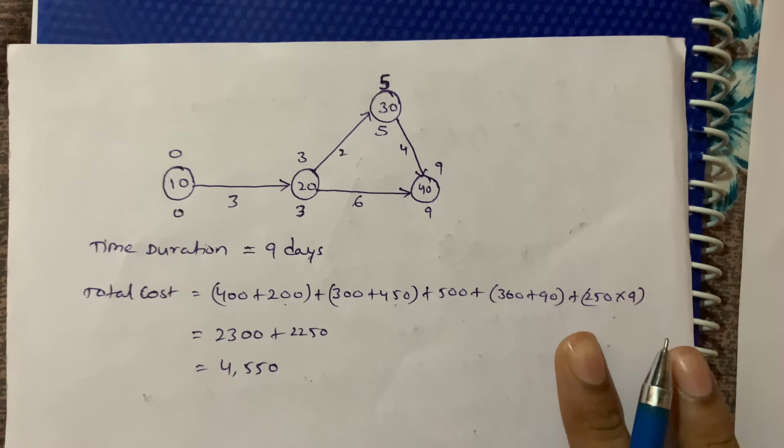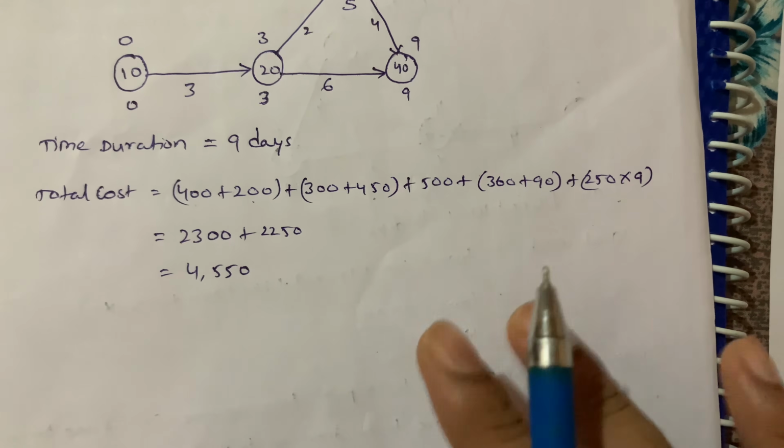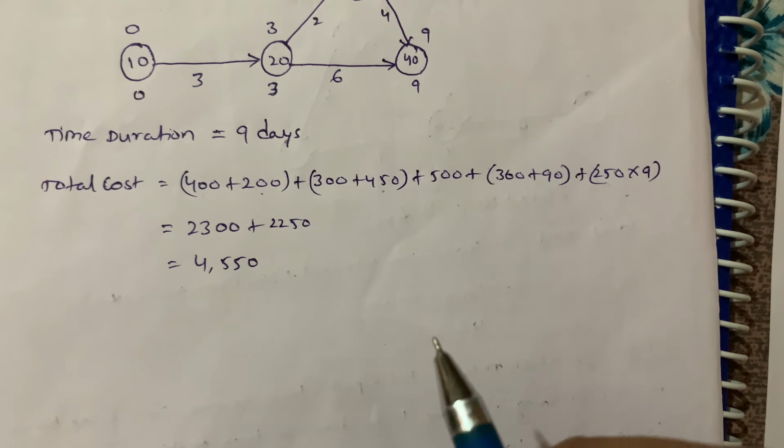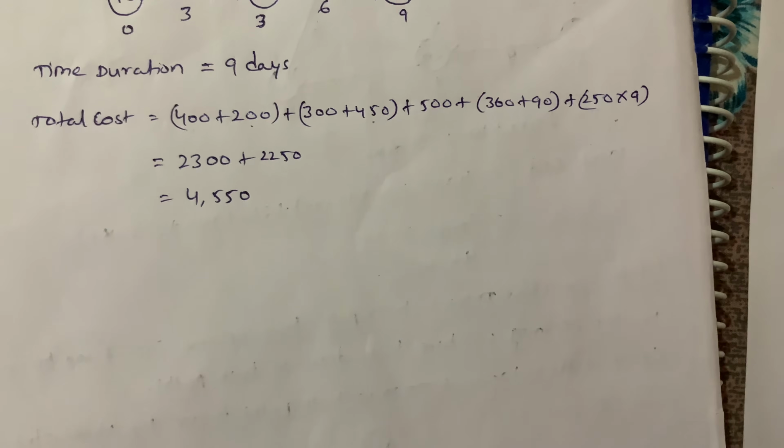we are going to draw a small graph. I'll show you. If suppose there is a total cost versus time curve, it comes under like this. Simply I'll show you.